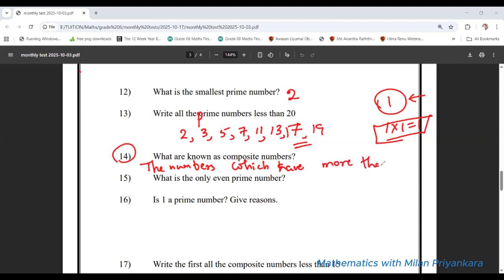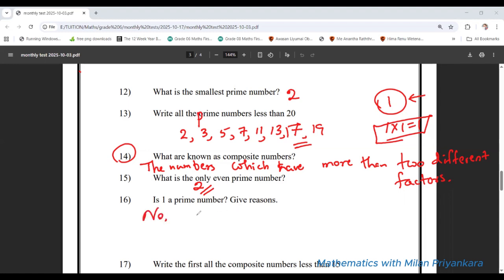Composite numbers are numbers which have more than two different factors. That means at least three different factors, right? Okay, so what is the only even prime number? That is also 2. I told you that before, right? Is 1 a prime number? No.